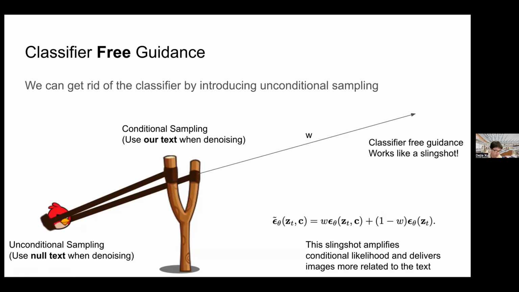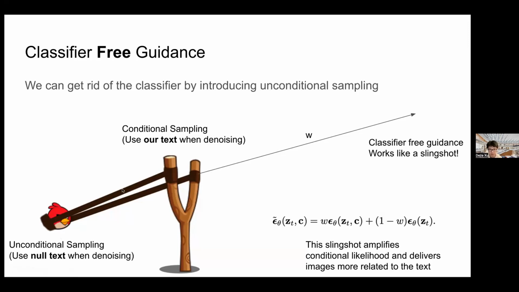We just let it generate anything possible. And in comparison, we still use conditional sampling to drive the generation towards our target text. In this way, we can obtain two sampling results. One is conditional and one is unconditional.